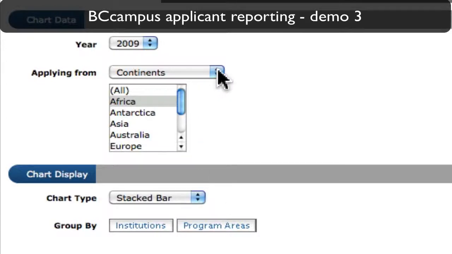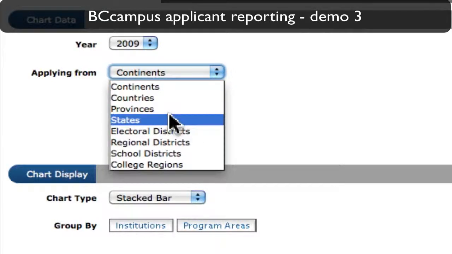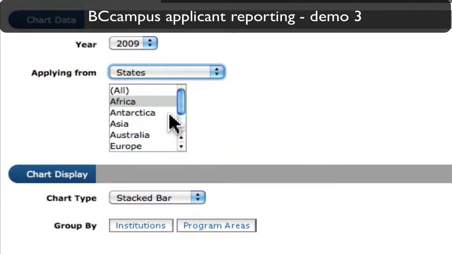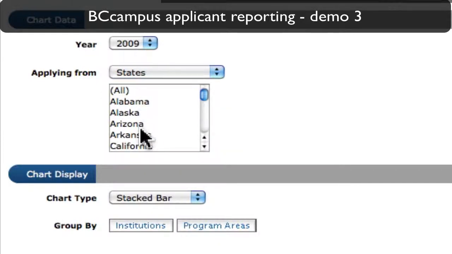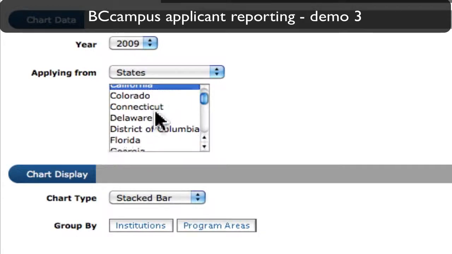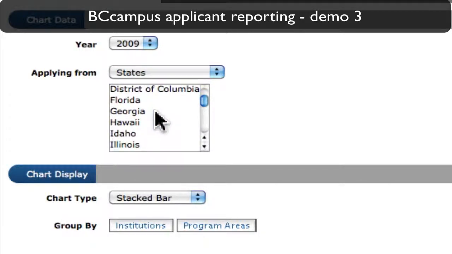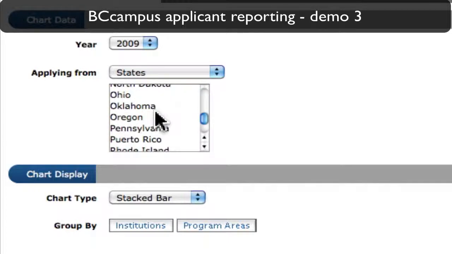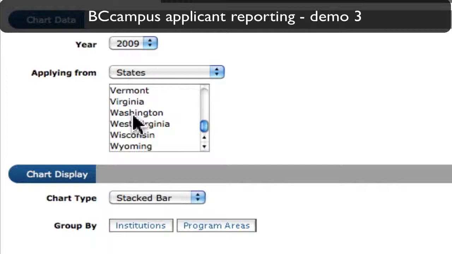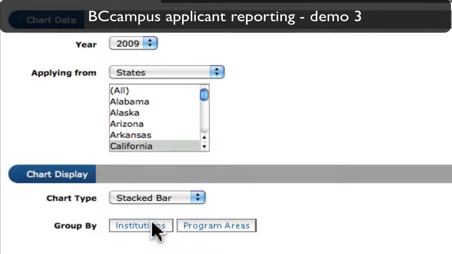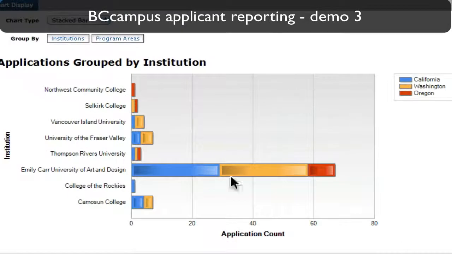Next we could go down by state, and we might look at just the states close on down the west coast, closest to British Columbia: California, Oregon, and Washington, and look at the breakdown there.